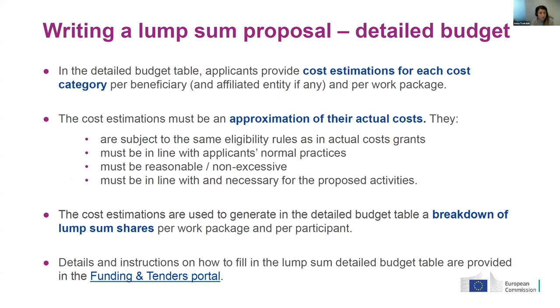They must be reasonable and non-excessive, and in line with what is necessary for the proposed activities in the proposal. And the cost estimations are used to generate in the detailed budget table a breakdown of the lump sum shares per work package and per participant, and eventually it becomes the Annex 2 in the grant agreement.